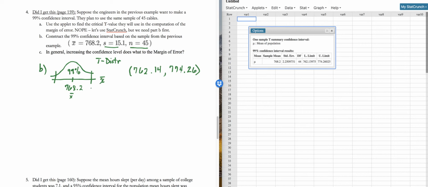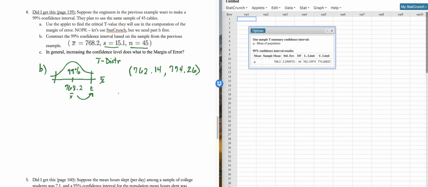The t-value is the t-score at this right-hand endpoint. So what we need to find is how many standard deviations it is from the center to this right-hand endpoint. That number of standard deviations is the t-score.